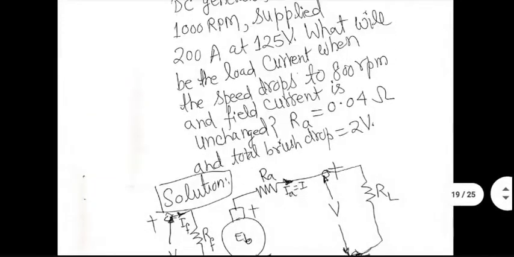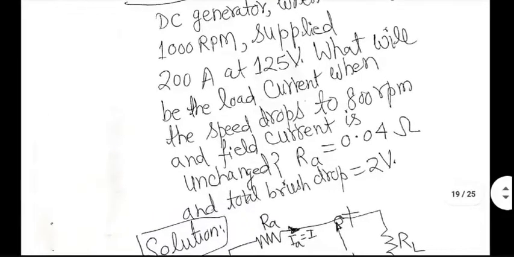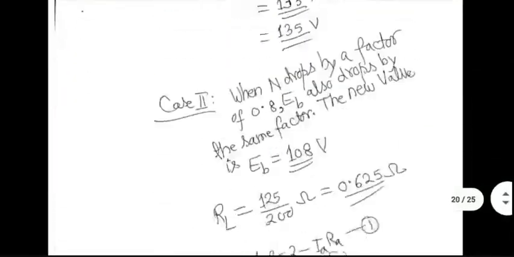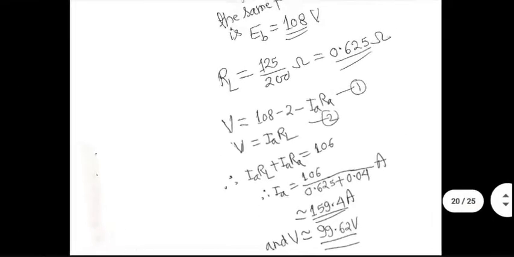Okay, so what did they want? Let me go back again. What will be the load current? Yeah, they want the load current in the second case. We have figured it out. It's 159.4 ampere. Write the proper equations first, carefully, and then solve them. In the second case, V is IARL, where RL is known from info in part 1, and IA is an unknown, of course.